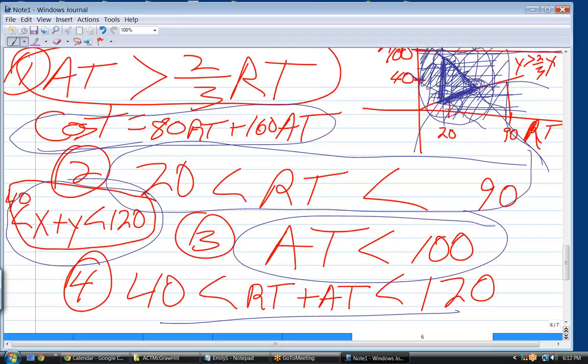And then, of course, determining what these vertexes are is also hard. In other words, what is this point? How many real trees and how many artificial trees is that point? Well, you have to solve some of these to figure out what your vertexes are. Just like in the first problem we did tonight, we had to equate the two constraints to figure out where that middle vertex was.